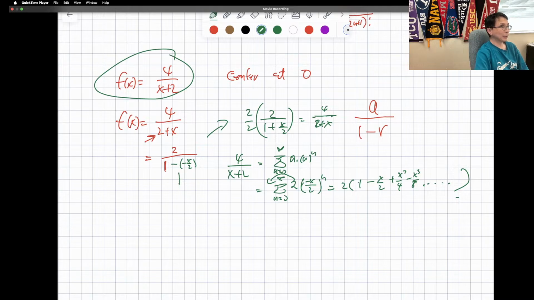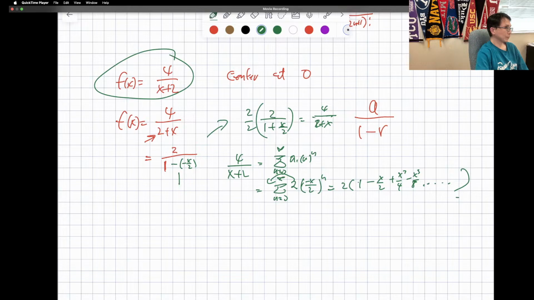But I didn't go through Taylor. Taylor will be something easy: sine, cosine, e to the x, 1 over 1 minus x. Now we even have 4 over x plus 2. It looks like geometric.